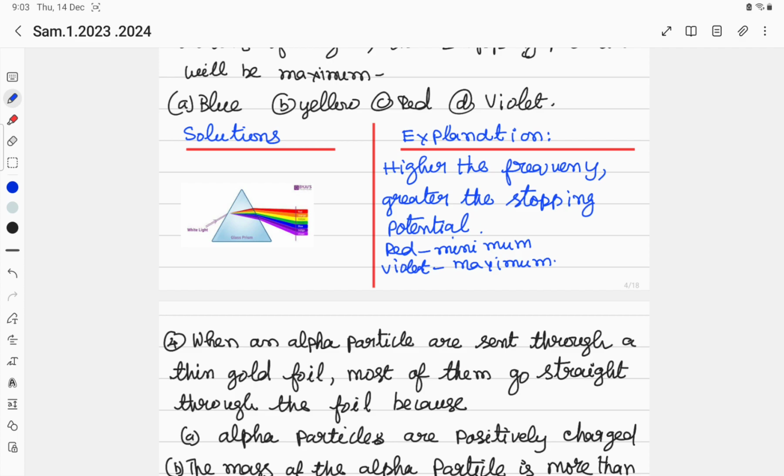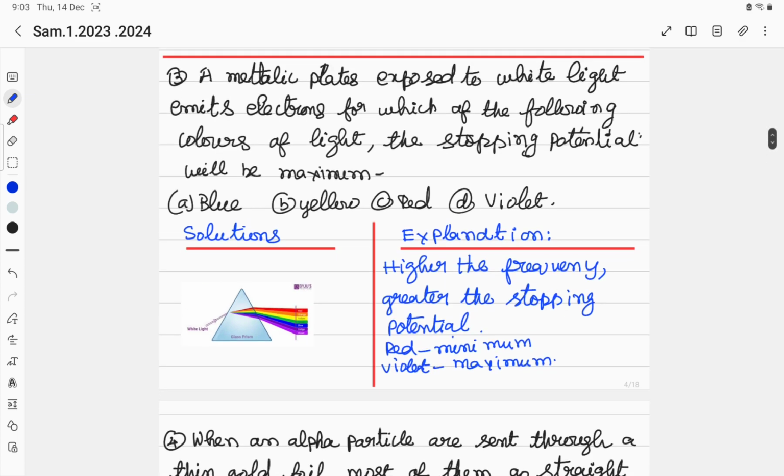Therefore, red is minimum and violet is maximum. Here they are asking for the maximum stopping potential. Therefore, the answer is D, violet. Violet has maximum stopping potential.